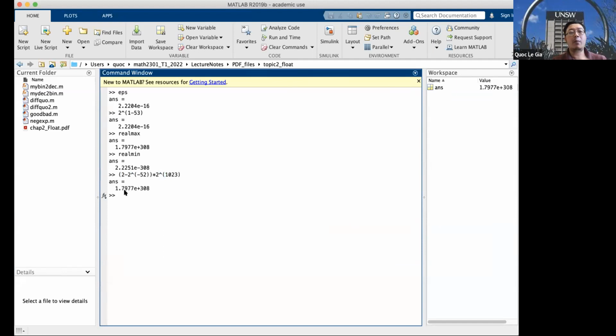You see, it equals real max. Real max is 1.7977 times 10 to the 308. So it's the same.